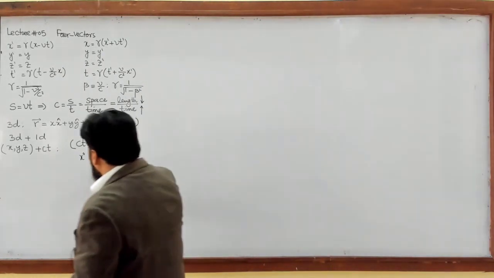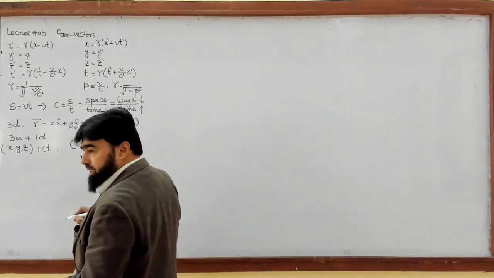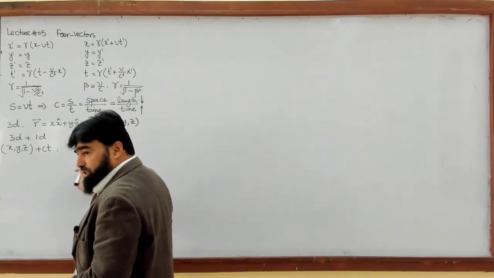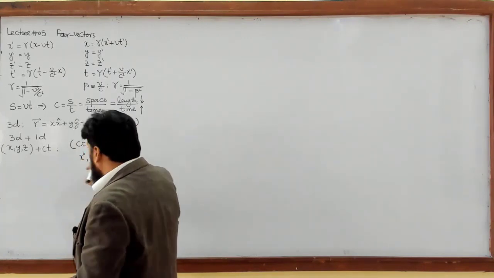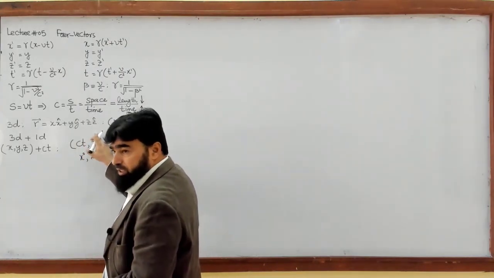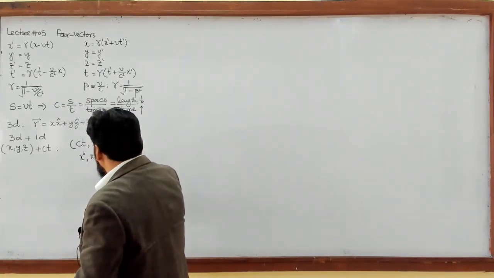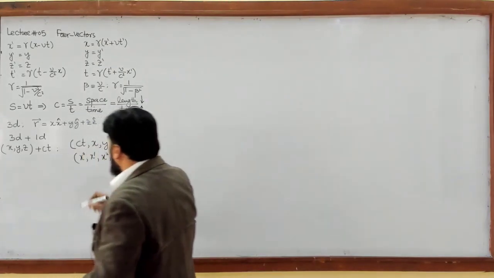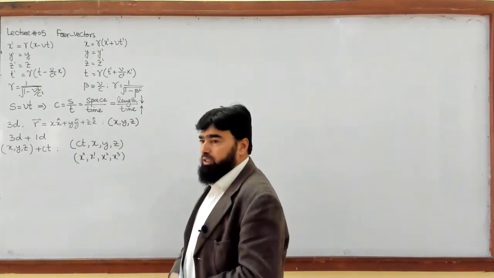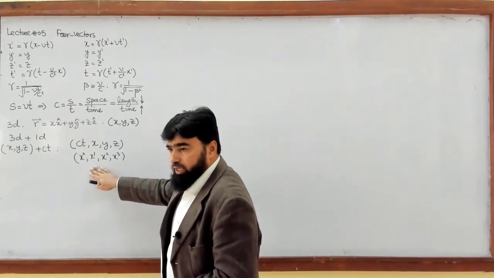So x0, and let me call this as x1. Now we know that x0 is something which is associated with time. x1 is associated with the x space coordinate. Similarly, x2, x3, and this is now a four-dimensional vector, four-dimensional space.